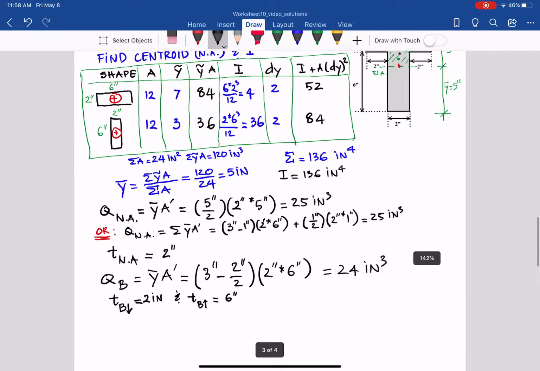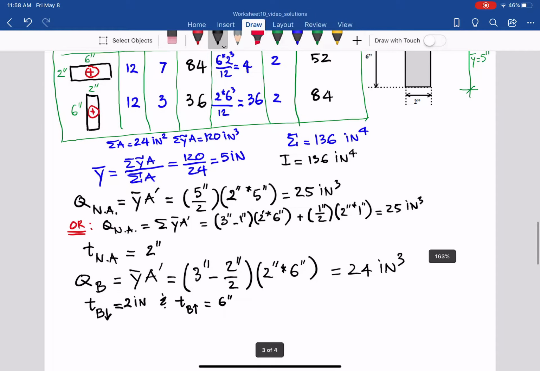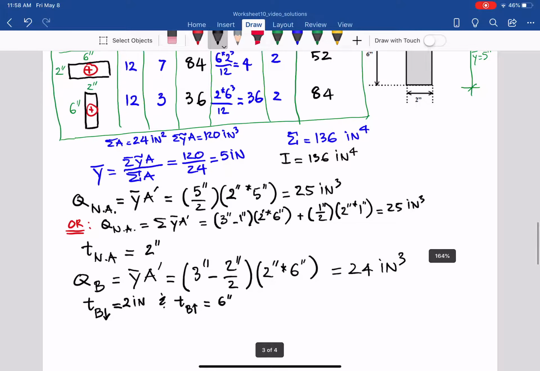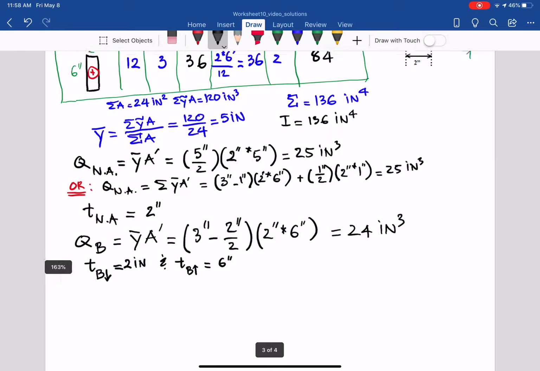Just like you are at the intersection of roads, like Alico Road and Ben Hill Griffin. If you lean to one road, you can say I'm on Ben Hill Griffin, or either way, I can be on Alico Road, because it's the intersection. So it's the same here and at the bottom.